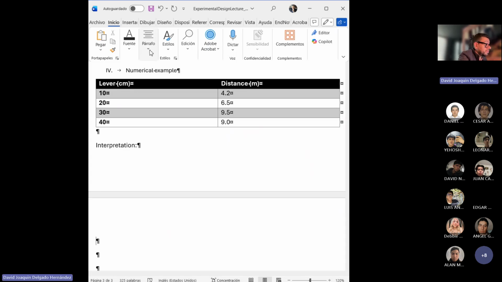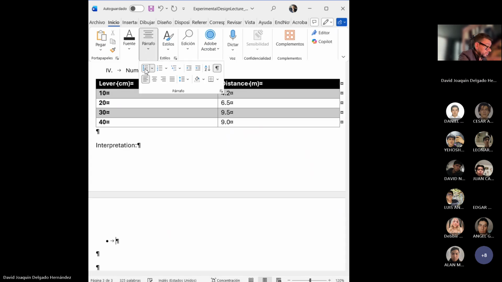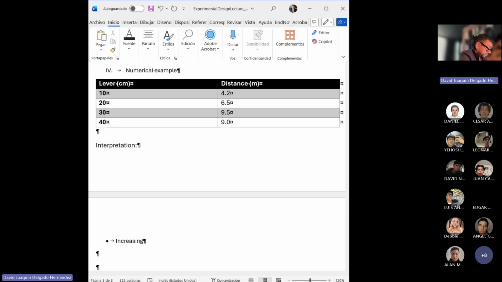Let us put here some bullet points. Okay, so increasing the lever arm translates into improvement.